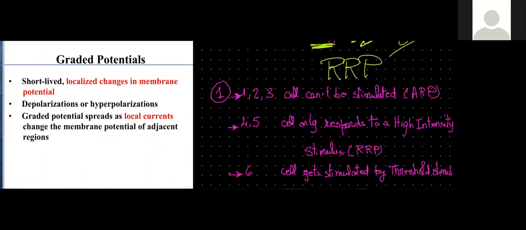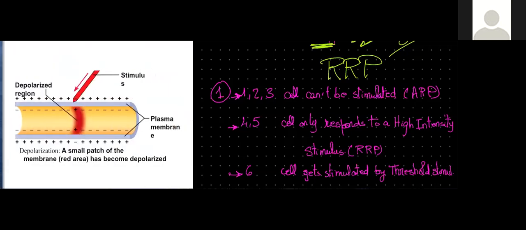Graded potentials are going to be localized changes in the membrane, either in the form of depolarizations or hyperpolarizations that won't be propagating for long distances. So I've got a stimulus. It's not a threshold stimulus. It's lower than threshold.